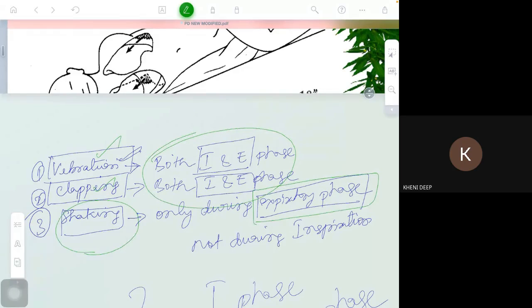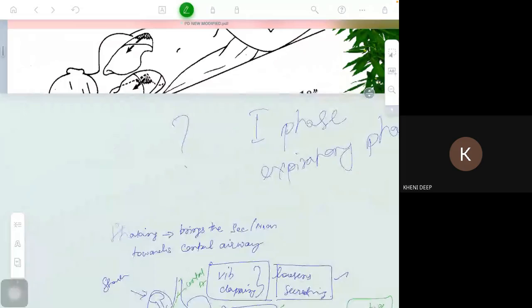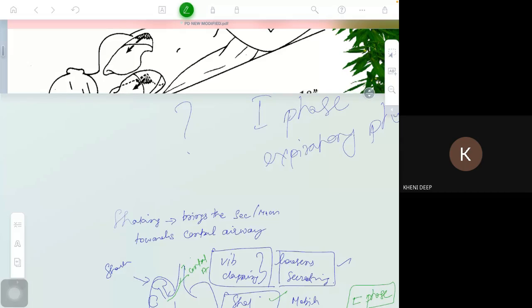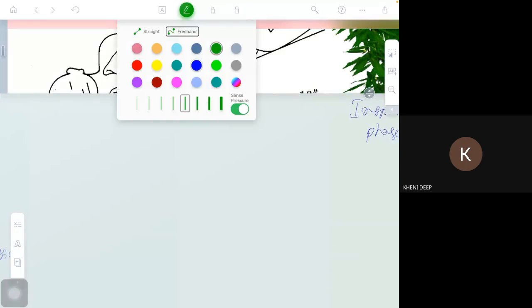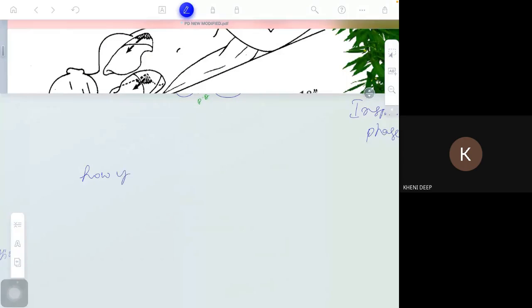This is my first question. What is the second question? How will you know the patient is in the expiratory phase?